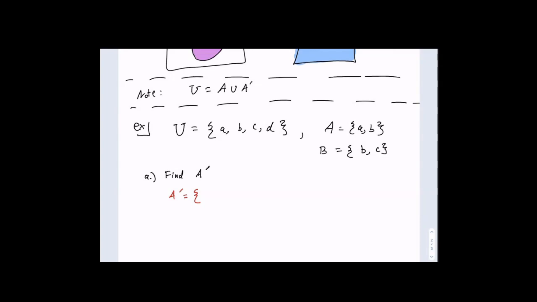Would it be A and B? Well, A and B is set A. Would it be B and C? So let me rephrase the complement part. A is the set A and B. The complement is everything else that's not in A and B from the universal set. So look at the universal set. It would be C and D, because C and D are not in A.